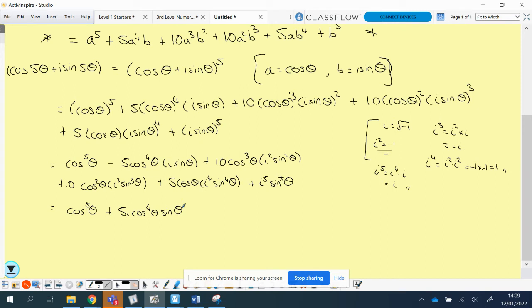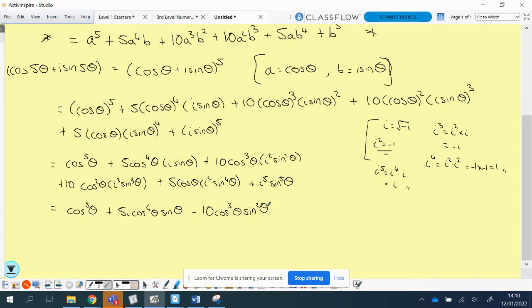Okay, so let's put the i at the front. This next one, well, I've got an i squared here, and i squared becomes negative, so that plus will actually not be a plus anymore. That i squared is going to turn into a negative, so it goes to -1, so 10 cos to the power 3 theta sine squared theta.